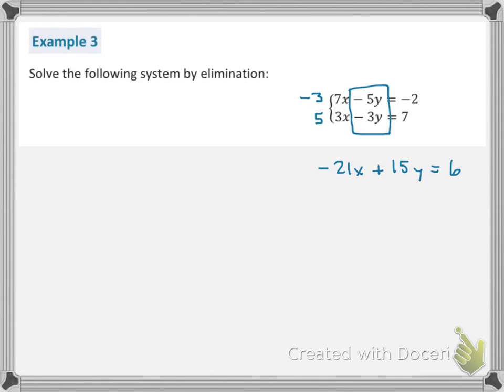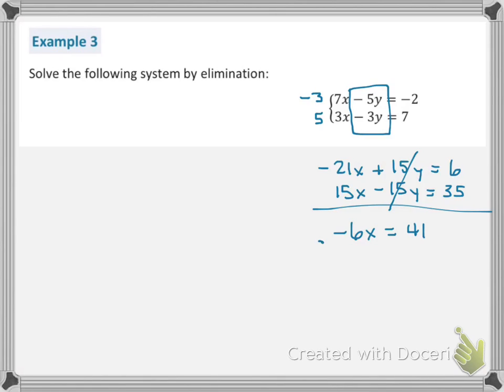On the bottom equation, 5 times 3x, that's 15x. 5 times negative 3y is a negative 15y. And 5 times 7 is 35. So now I can combine them, and I will see that my y's will cancel. They're eliminated. Negative 21x and a positive 15x is a negative 6x, equal to 6 plus 35. 6 plus 35, that is 41.